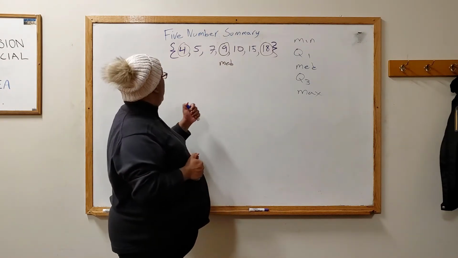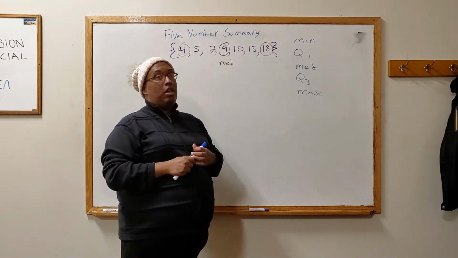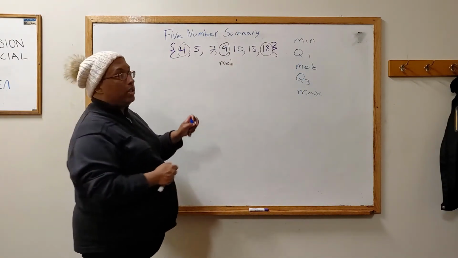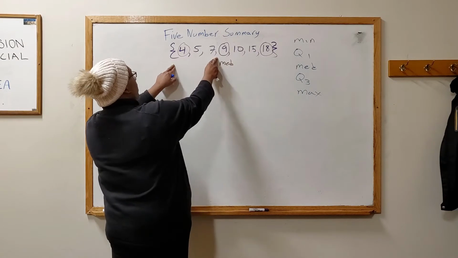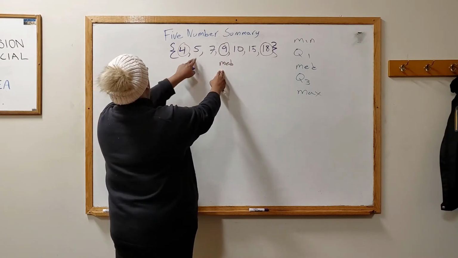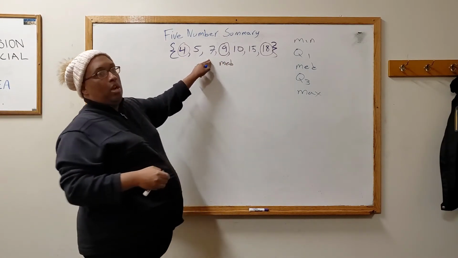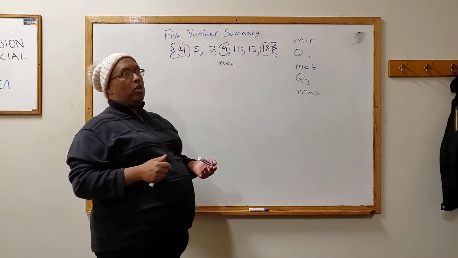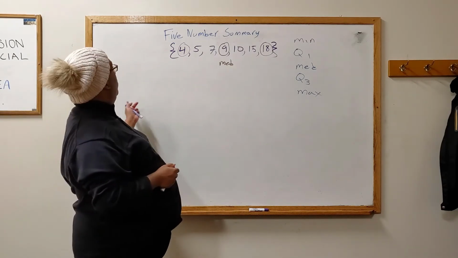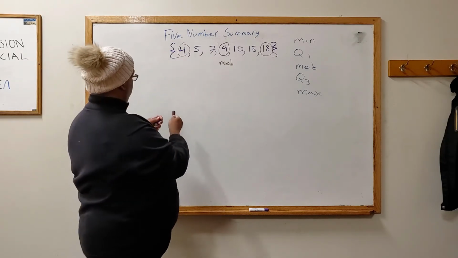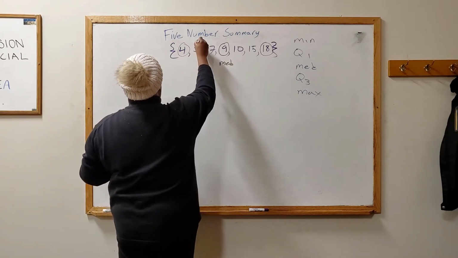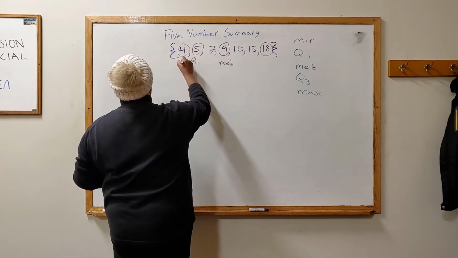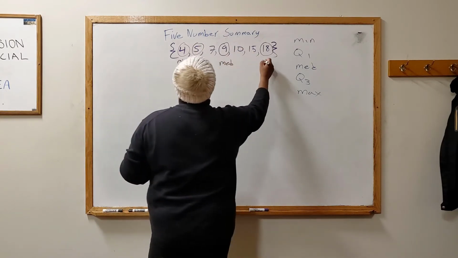Now, we do the same thing again to find Q1, but only on this side of the median. So we have 1, 2, 3, plus 1 gives you 4. Divided by 2 gives you 2. So it will be the second number. Q1, this was min, this was max.